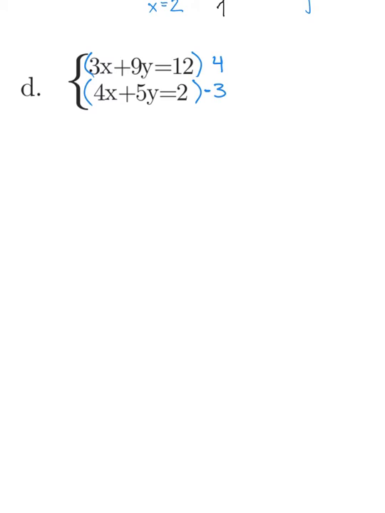solving. So if we go ahead and multiply this way, we get 3x times 4 is 12x. 4 times 9y is 36y. And 4 times 12 is 48. The second equation, if we multiply by -3, we get -3 times 4x is -12x. -3 times 5y is -15y.